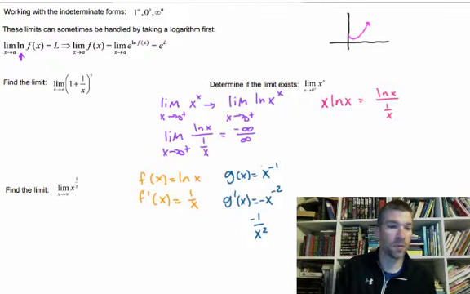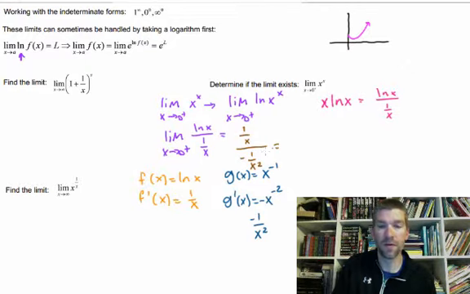So then I use L'Hopital's rule and I check again my limit. So no longer am I using this as my limit, but now I've got 1 over x divided by negative 1 over x squared. And multiply by the reciprocal here, the reciprocal of negative 1 over x squared.